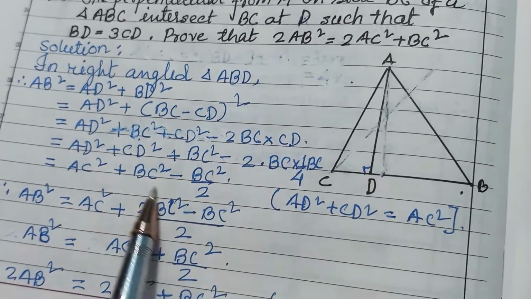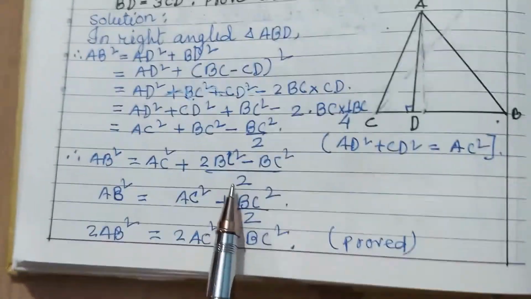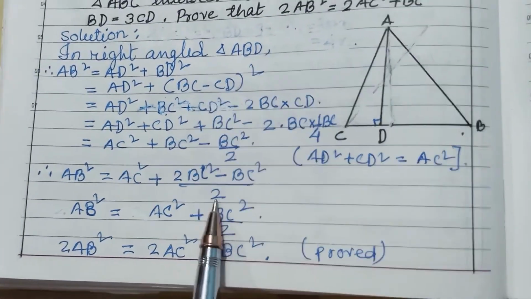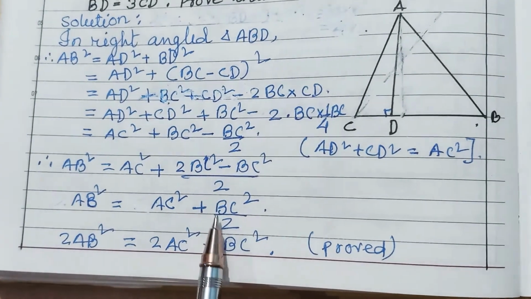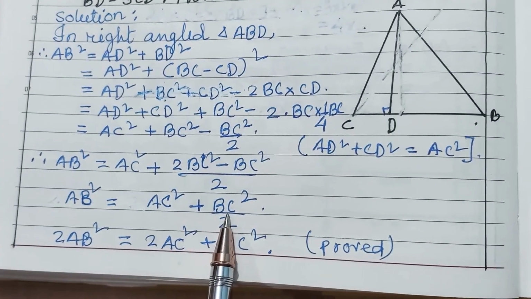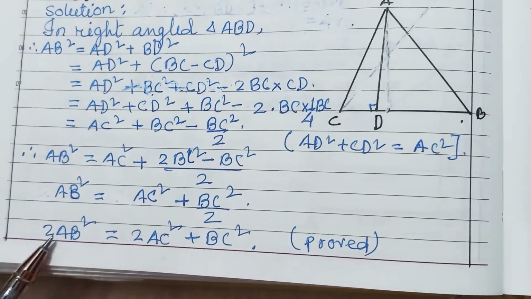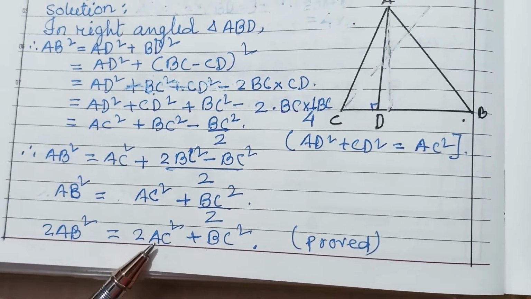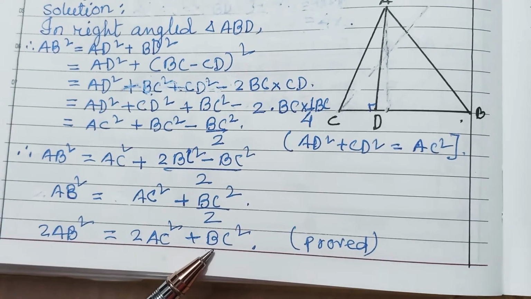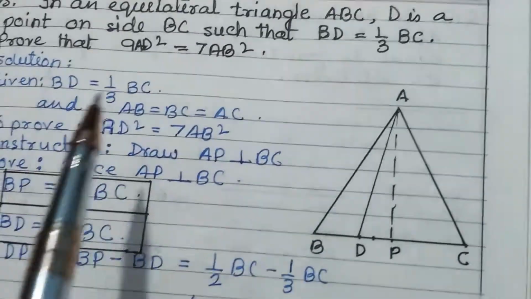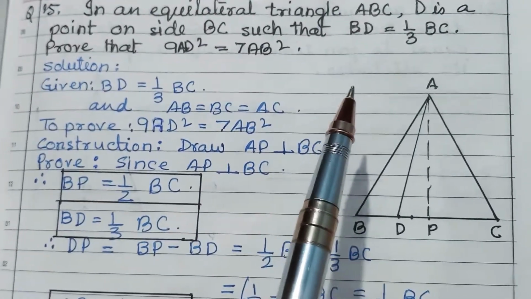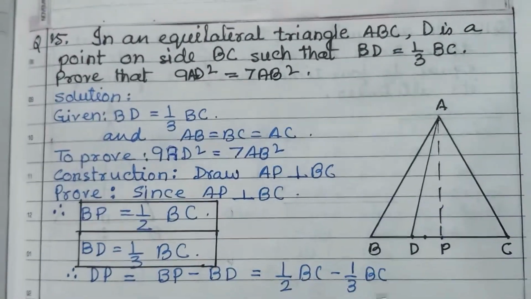Now this much part you calculate, it is half BC square. Now multiply by 2 all 3 terms, it is 2AB square is equal to 2AC square plus BC square. Got it? Proved it.